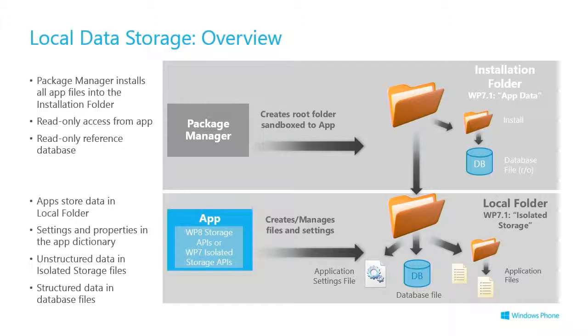This used to be known as the app data folder on Phone 7. It holds all the read-only content, parts of your app that were pre-configured, like a database you could send down. Secondly, there's the local folder, where you can do read-write stuff. This is formerly known as isolated storage. That's what we used to call it.